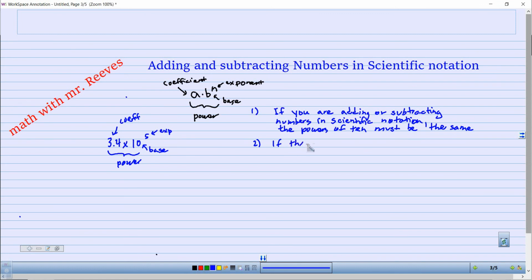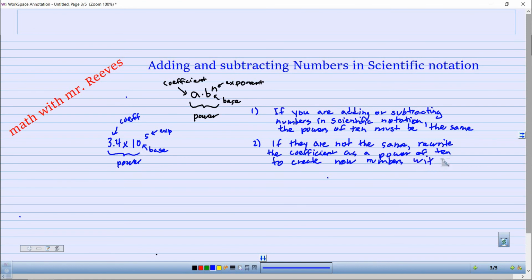If they are not the same, rewrite the coefficient as a power of 10 to create new numbers with the same power of 10.